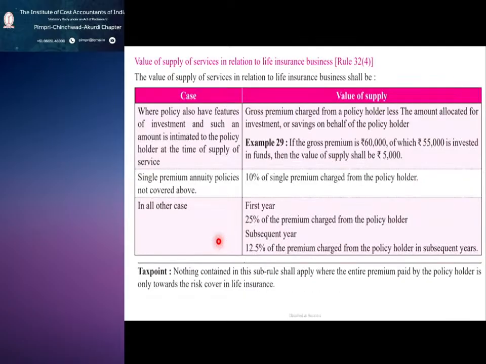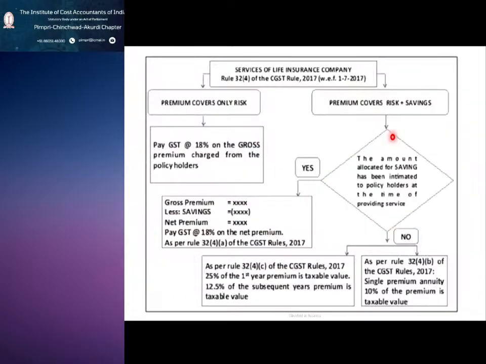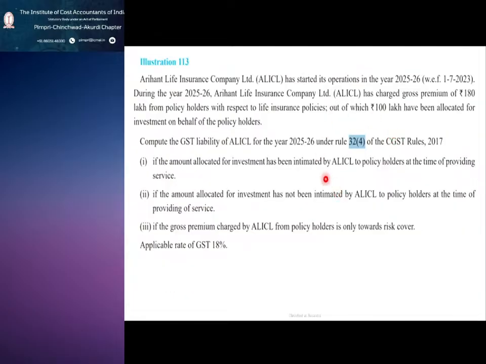This is the same in the material as well. You can refer: gross premium charged from policy holder less the amount allocated for investment or savings on behalf of the policy holder. That is the first point we are covering.